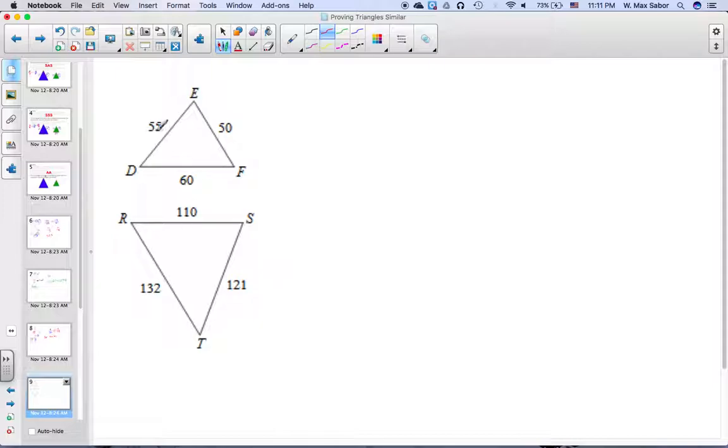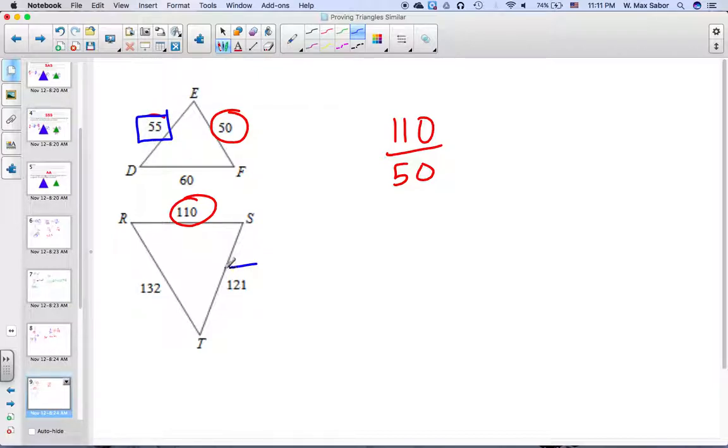Here, all right, the smallest sides have to match up. So 110 over 50. Is that the same thing as the second smallest side? So match those up. 121 over 55. And lastly, 60 and 132, 132 and 60.